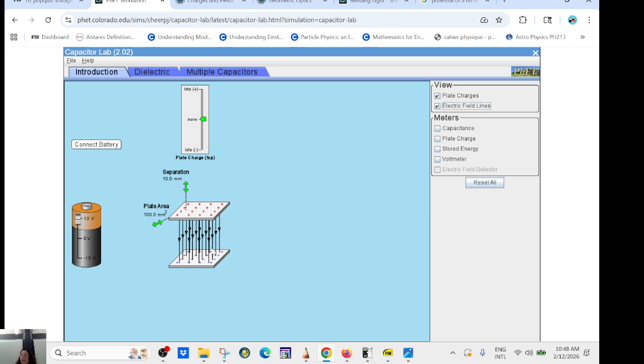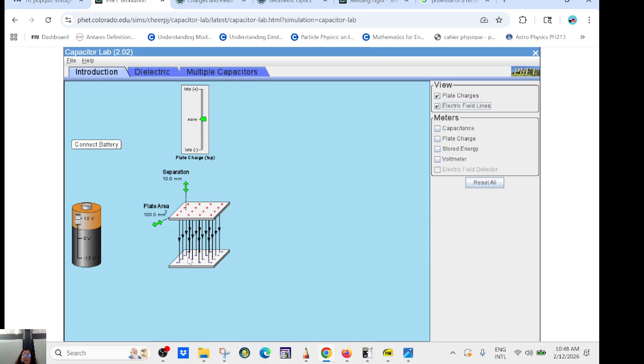So all that energy, all the work done by the power supply to move plus here and to remove the plus from here, all that energy is going to be stored inside the electric field. So you can think of the electric field as a way to store energy. That capacitor is going to hold the charge, but it's the storehouse for energy.